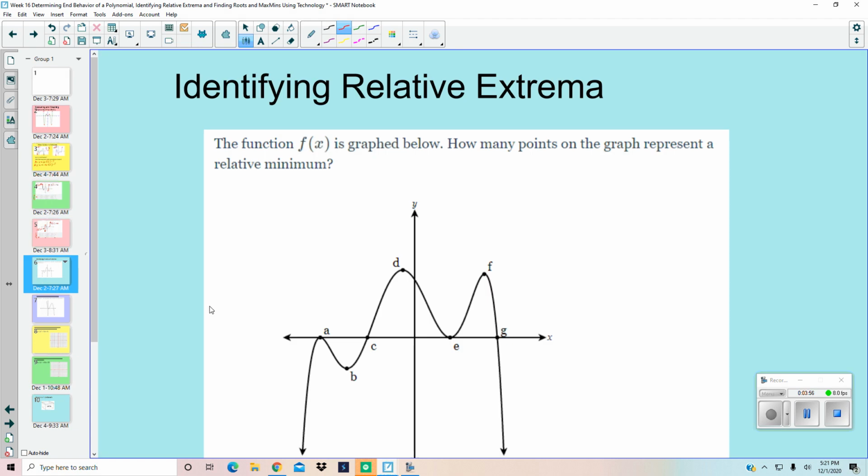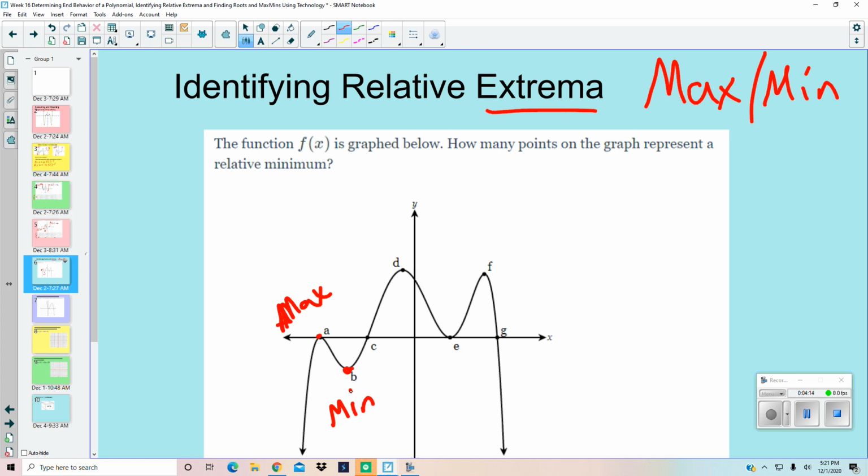All right, identifying relative extrema. Relative extrema means maximums or minimums. So here I have A, that would be a maximum. B would be a minimum. C is neither, nothing's changing, the slope is just increasing.